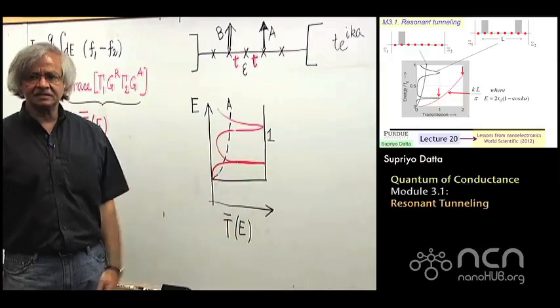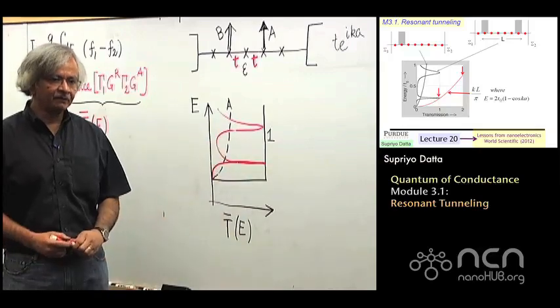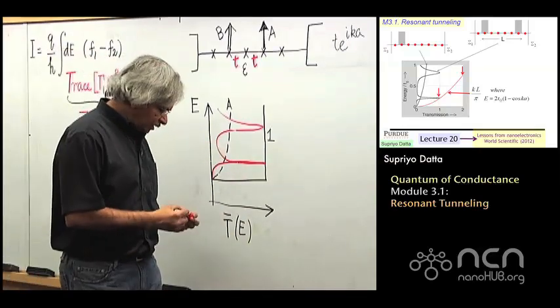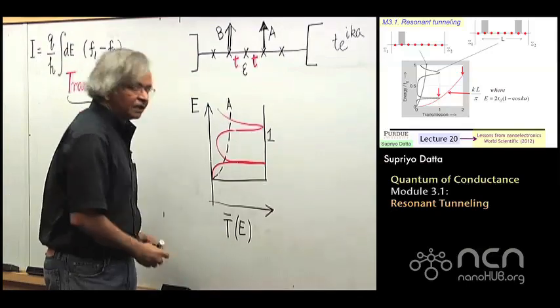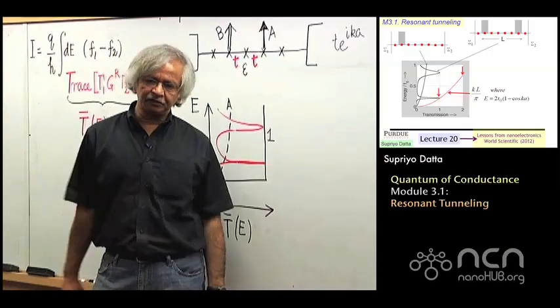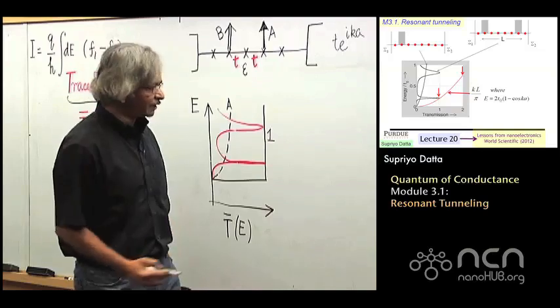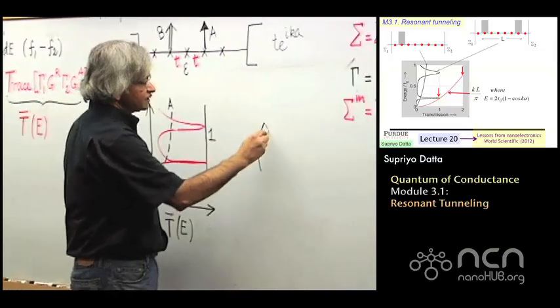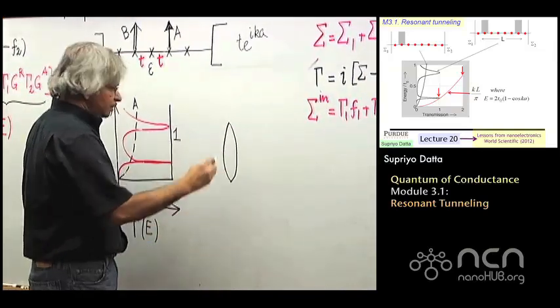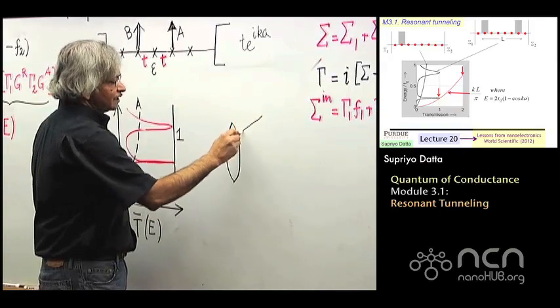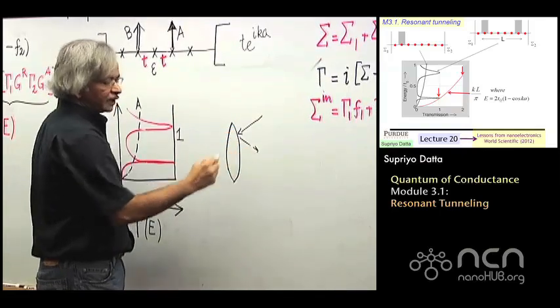Now, with waves, this is very common. The one example you may be familiar with is what are called anti-reflection coatings on lenses. That is, if you have a camera and there's this lens, usually when light hits this lens, there is some amount of reflection.